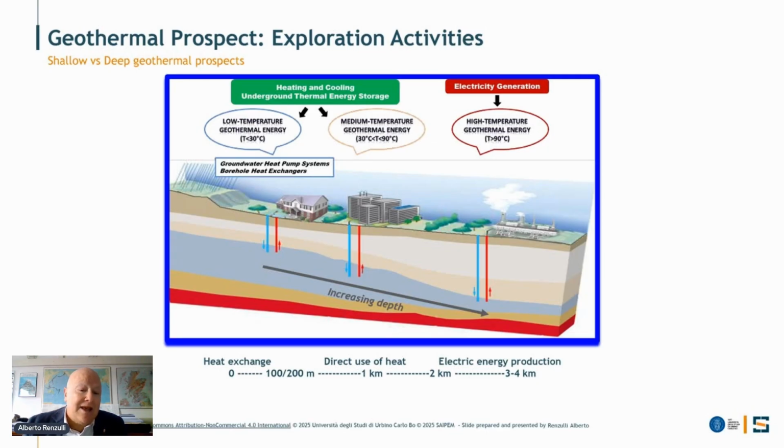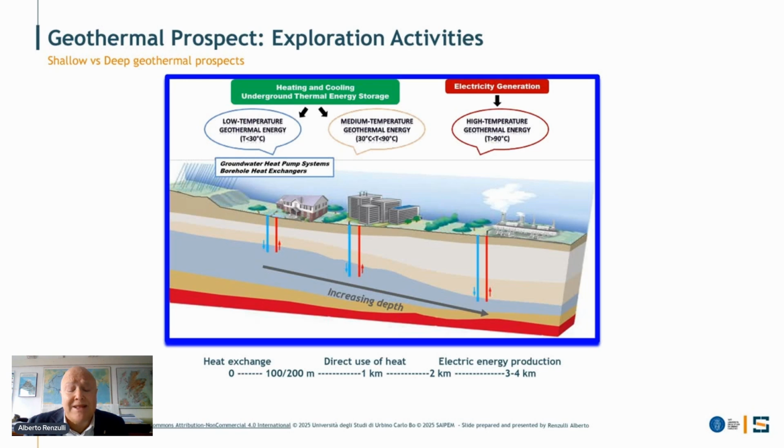Whether it's a closed loop or an open loop system, by exploiting this stable temperature just a few meters below the ground, which is not affected by atmospheric temperature or seasonal variations, we can install heating and cooling systems using heat pumps. And this is a possibility that we can technically have almost anywhere in the world. It doesn't require a geothermal anomaly and a particular geological condition.